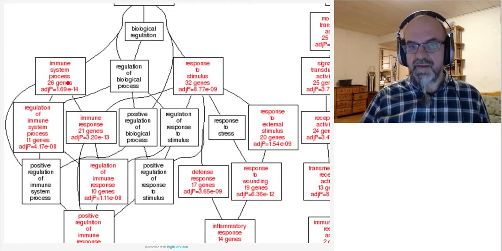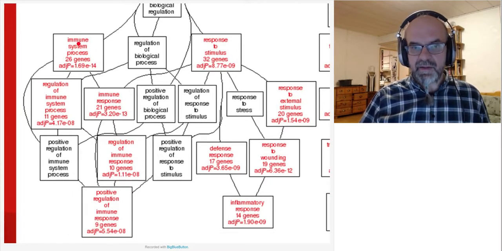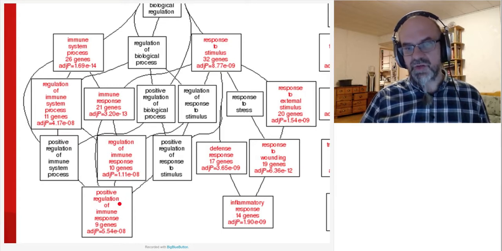So you see in a completely analogous analysis, I have identified 26 genes which were associated with immune system process, 21 of those were in immune response, 10 of those were in regulation of immune response, and 9 of those were under the label of positive regulation of immune response.